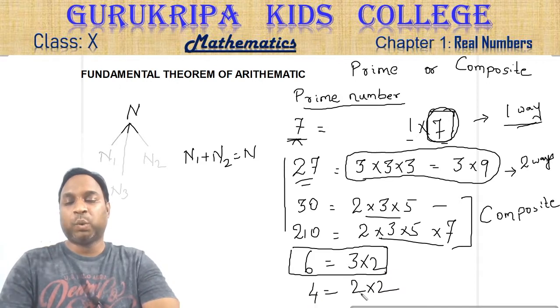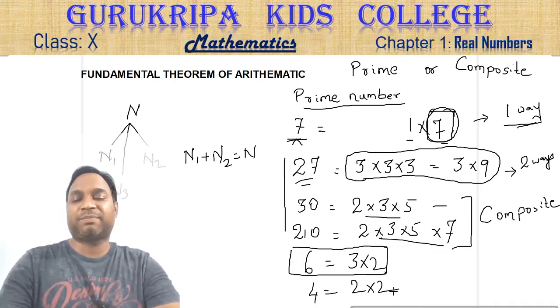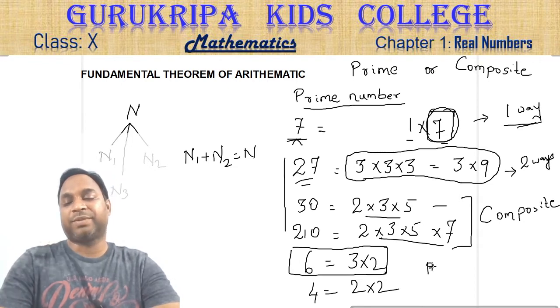See this 4 here, 2 into 2. We have expressed this number 4 as a product of primes. You cannot break down this 2 anymore. See this 210 here. We have expressed it as a product of primes, 2 into 3 into 5 into 7. So every number can be expressed as a product of primes.